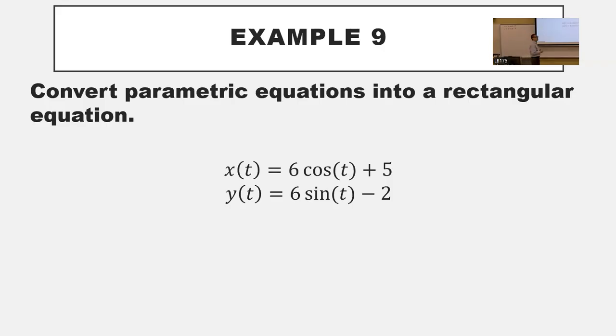So we have a pair of parametric equations, one of which involves cosine and the other involves sine. Now, I don't want to do a direct substitution here because solving for t in one of those would be rough. We'd have to use inverse cosine or inverse sine. That's not a very nice thing to do. We'd have like a sine of an inverse cosine. Those get messy.